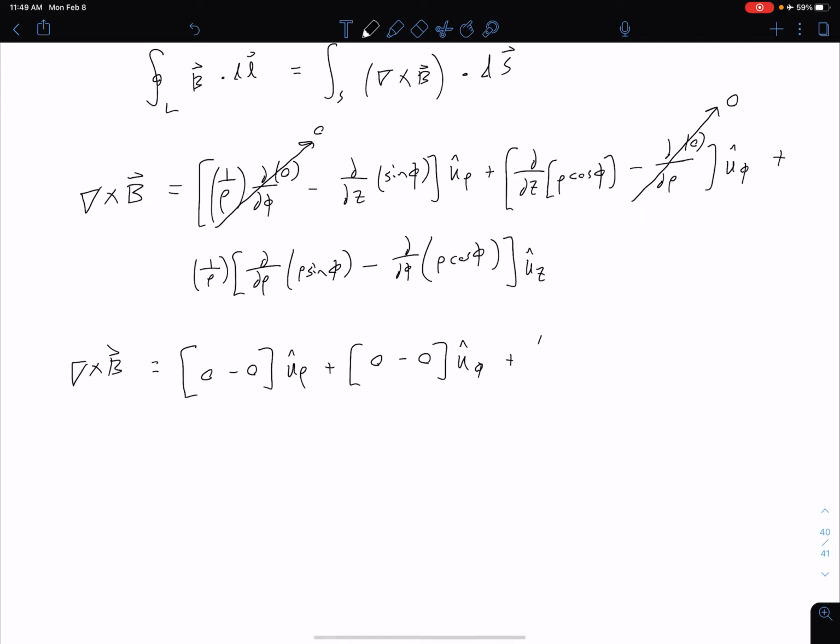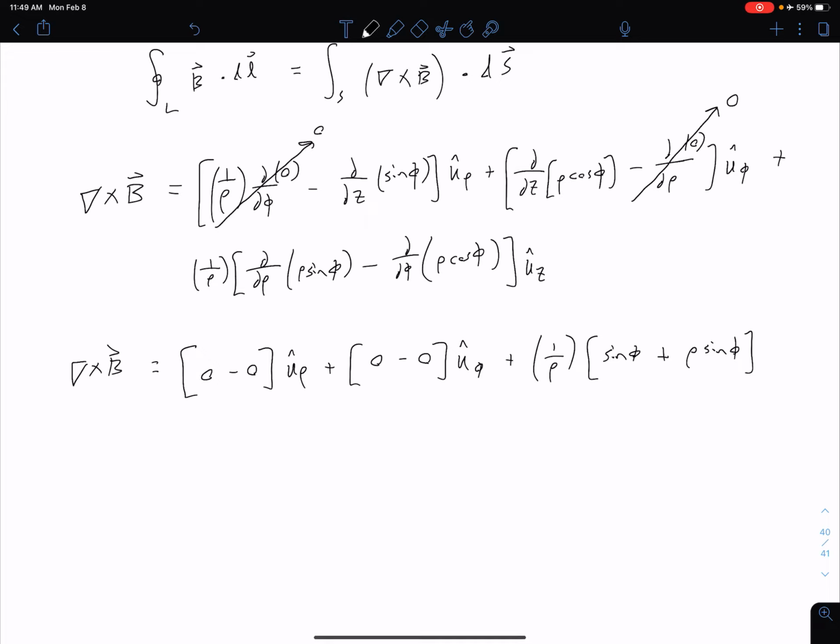And then finally we're going to have 1 over rho times the partial with respect to rho of rho sine of phi, and so that's going to leave us with just sine of phi, and then we have minus the partial with respect to rho of rho cosine phi. And so that's going to be a negative sign. So we'll get negative minus a negative sign is going to be plus rho sine of phi.